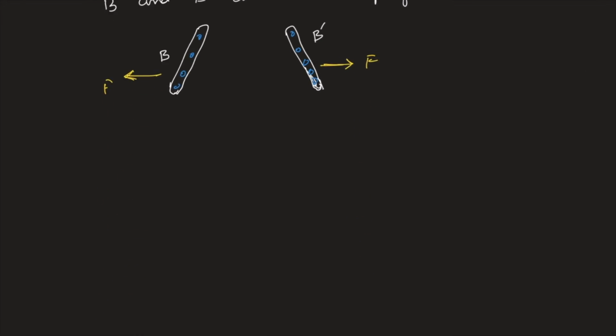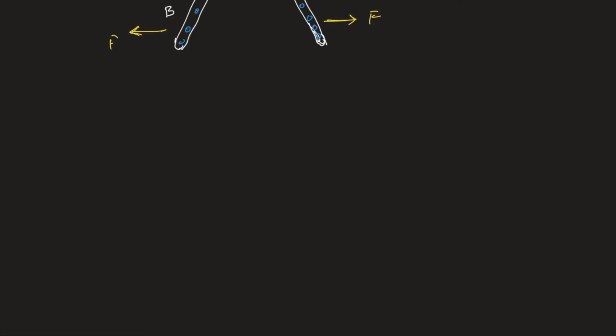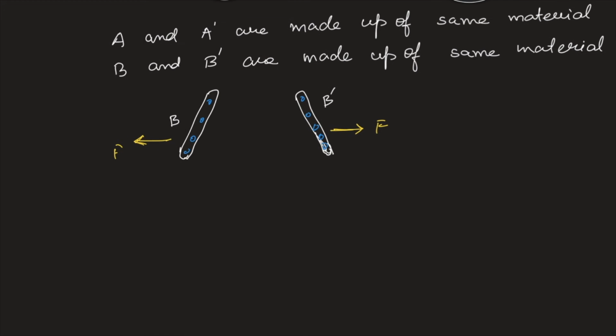So let me keep this in focus here. So B and B dash repel each other. Now this is the second proof that tells us that there must be two types of charges. Why is this the second proof?